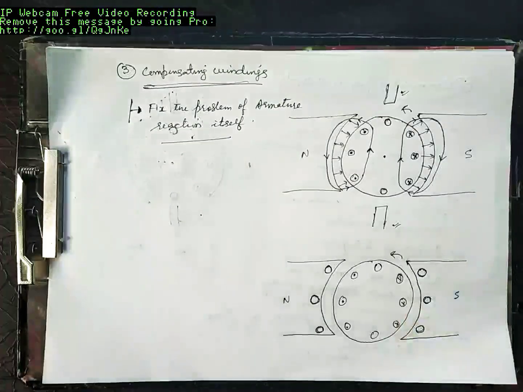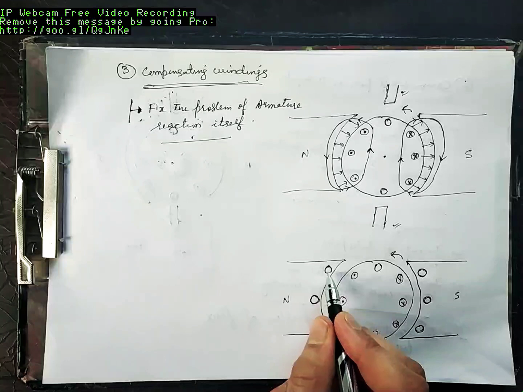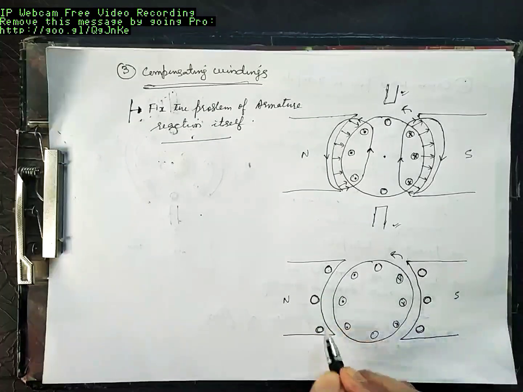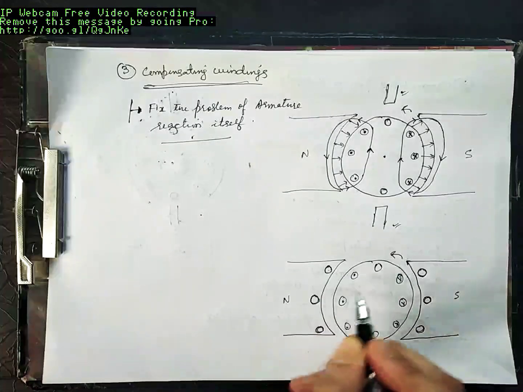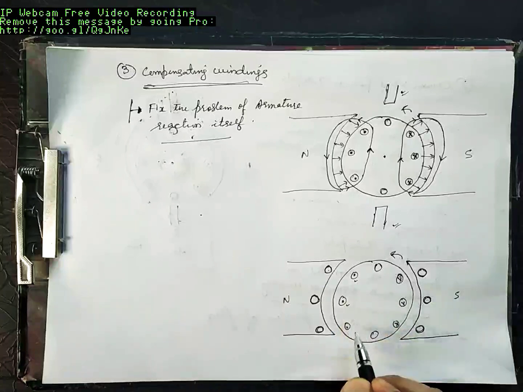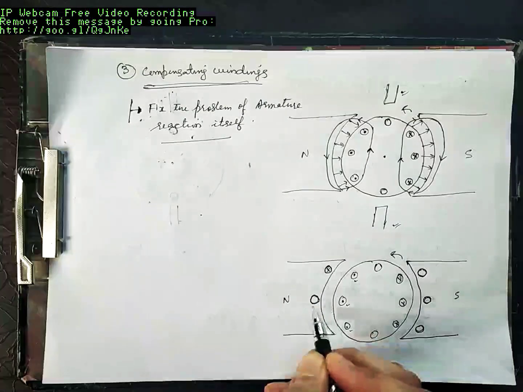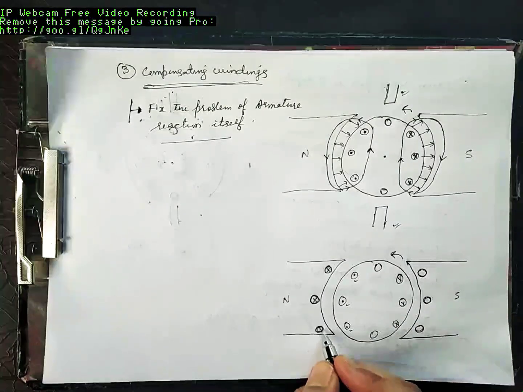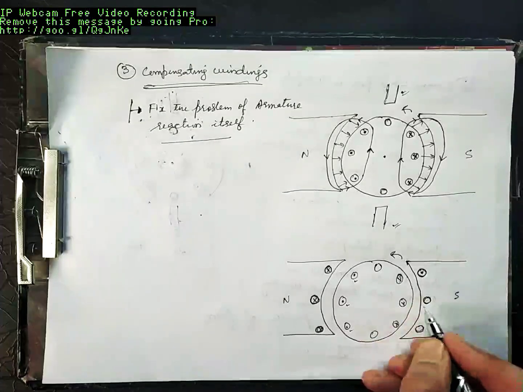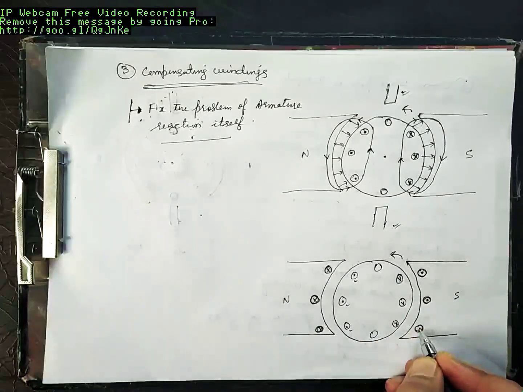How does that solve the problem? The direction of current in these windings is opposite to the direction of current here. So this is cross, this is cross, this is cross, this is dot, this is dot, this is dot.